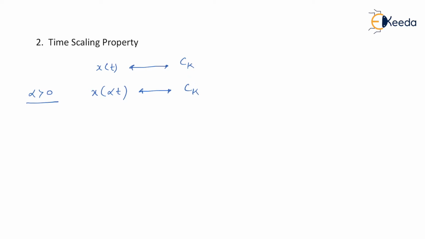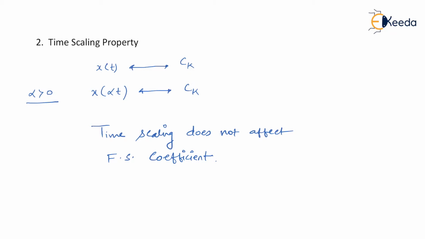It is ck itself, meaning that time scaling property is not going to affect your Fourier series coefficient. I repeat, the time scaling property provided alpha greater than 0 is not going to affect Fourier series coefficient. It is going to remain the same. So time scaling does not affect Fourier series coefficient.